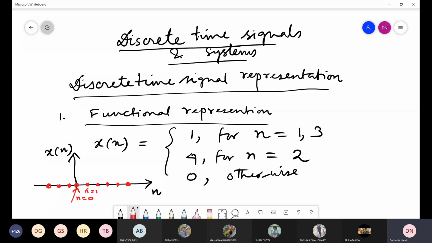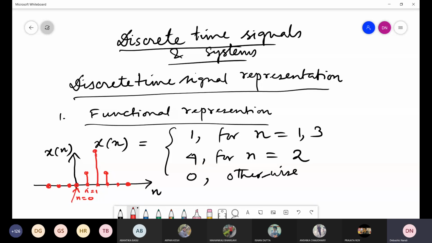Now for this signal x[n], for n equal to 1 and 3, the value is 1. So suppose this height is 1, and here n equal to 1, 2, 3. So at 1 and 3 the values are 1. For n equal to 2, the value is 4.